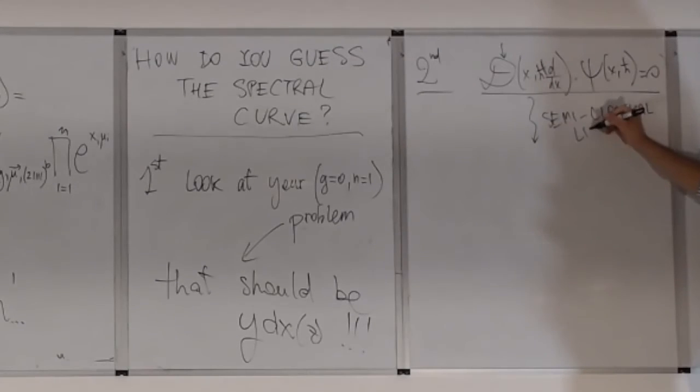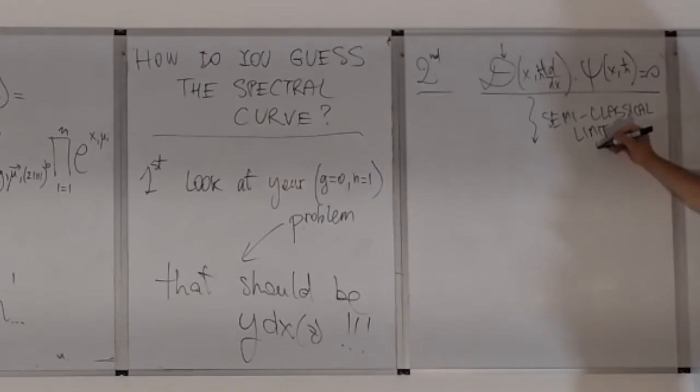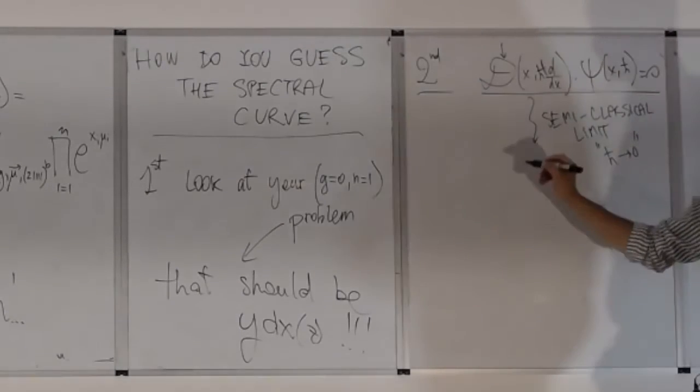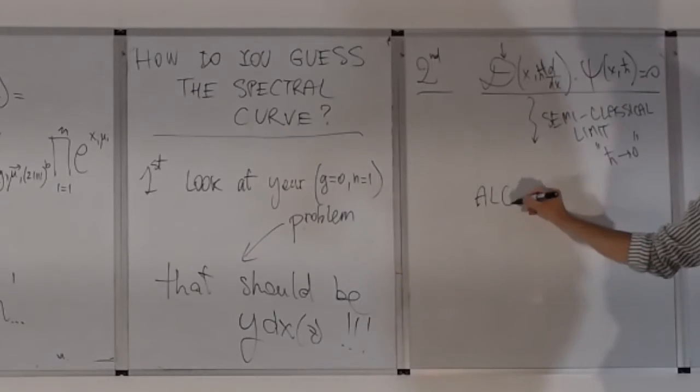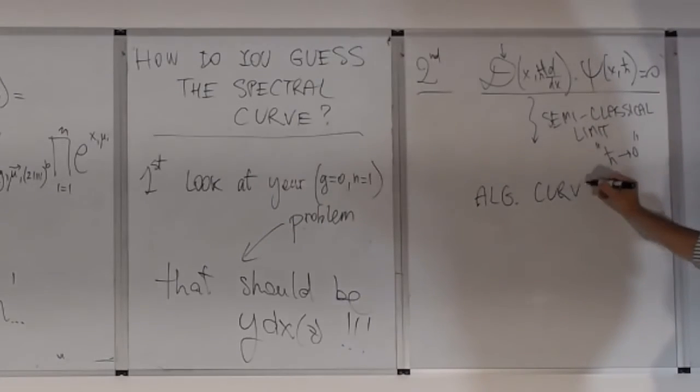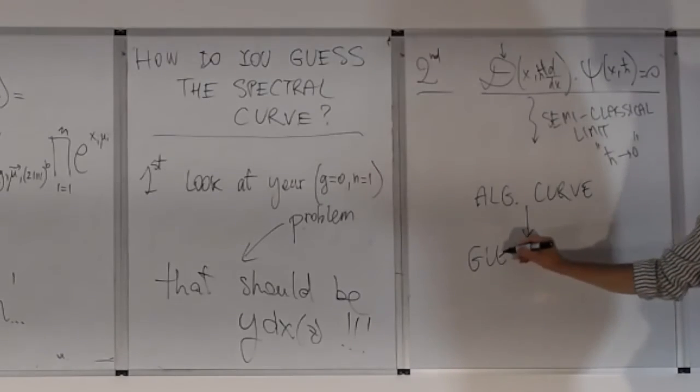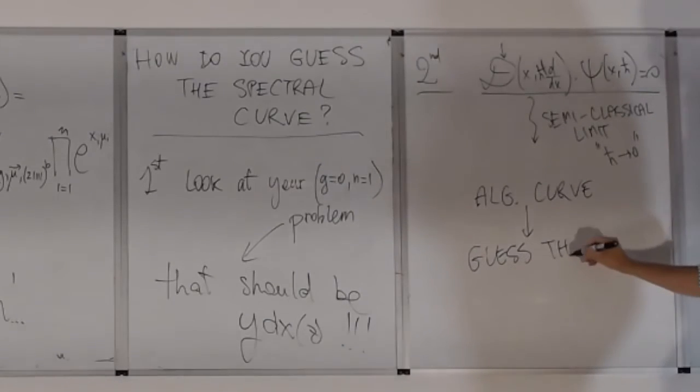Usually you send h bar to 0. Then, if you're lucky, you get an algebraic curve, and now you just guess. This is it.